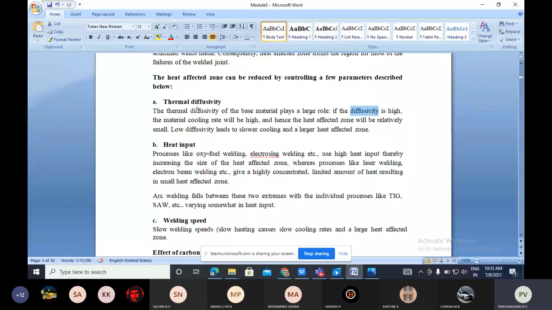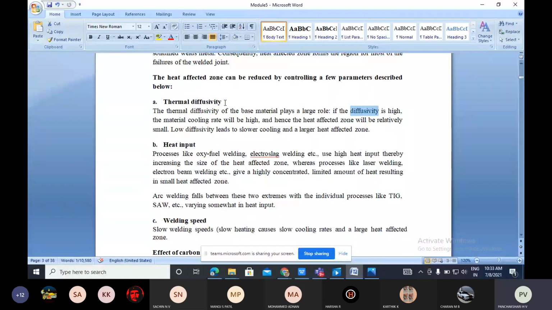What is said here is the diffusion of heat, that is heat dissipation, a base material thermal property. If the heat conductivity is good, then it will lose the heat very fast, then the effect will be minimum.